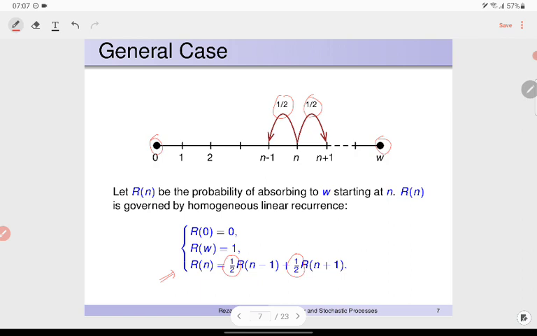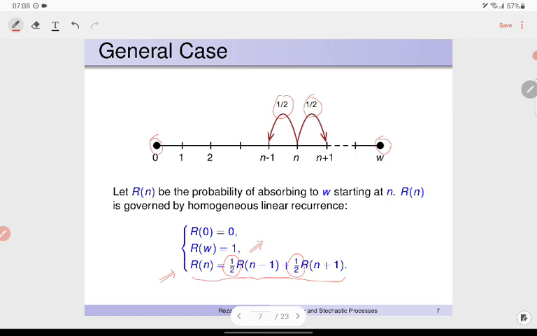Now, one more thing that we notice in this homogeneous linear recurrence is that this main recurrence does not look natural, because on the right hand side we have something that is less and more than on the left hand side. And this is not usually how we see a recurrence. But we can, of course, rearrange this.